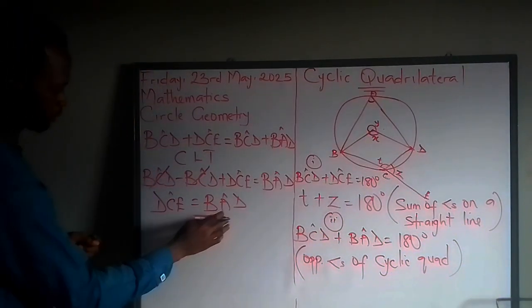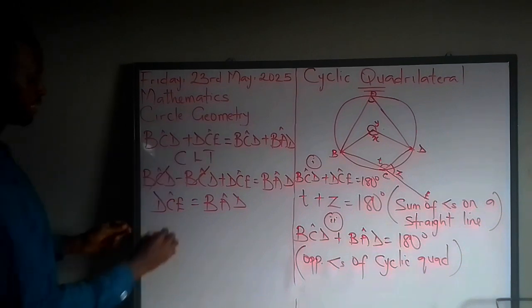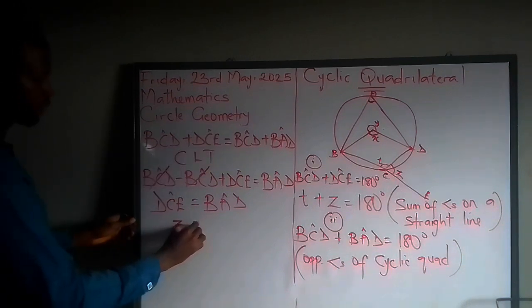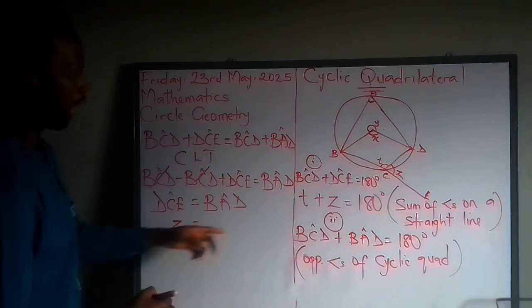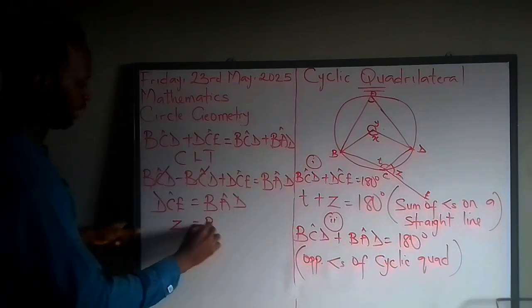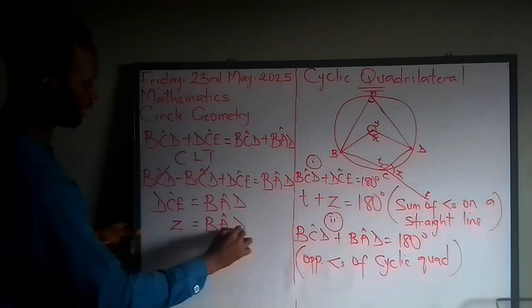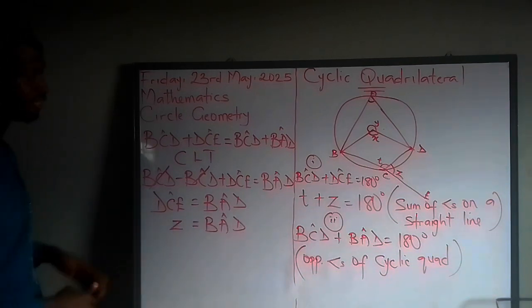So let's put that properly. As we have it there, DCE is Z, and it is equal to angle BAD. So how do we write this in words?